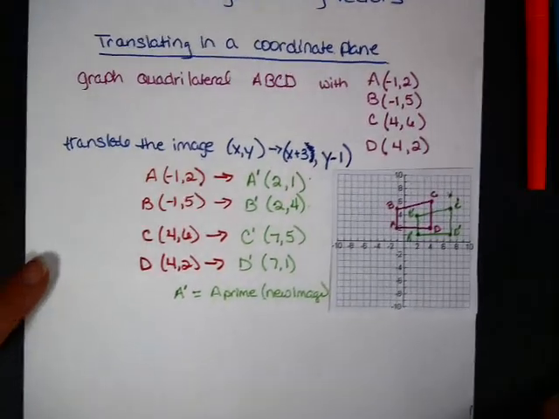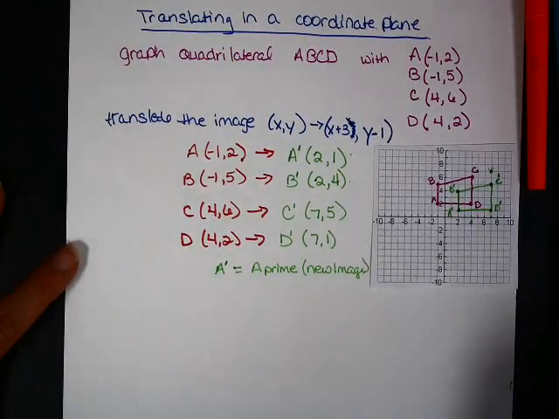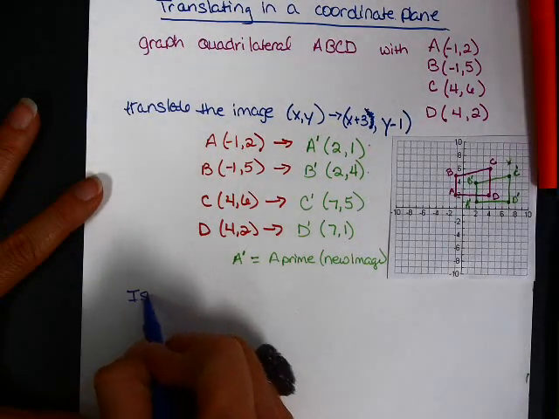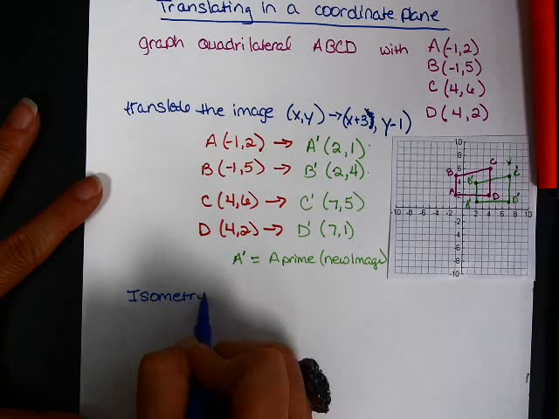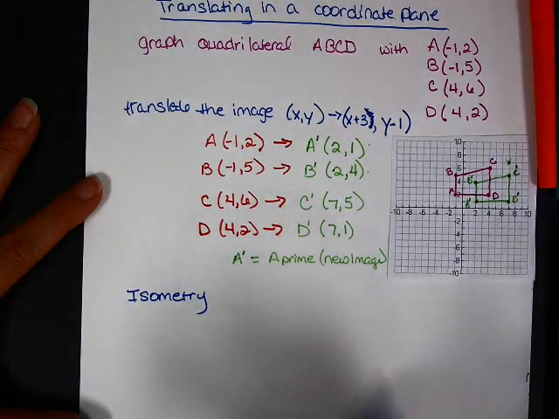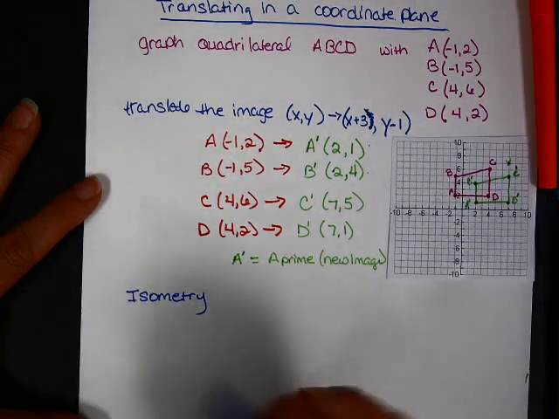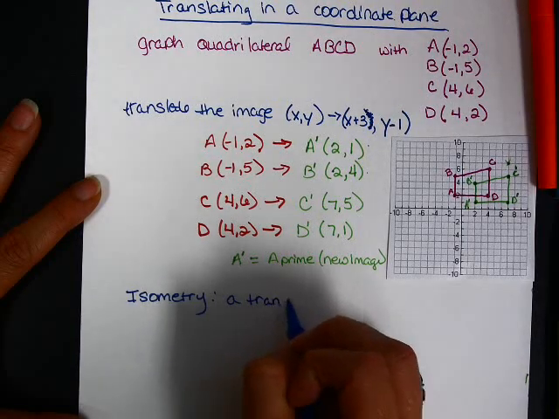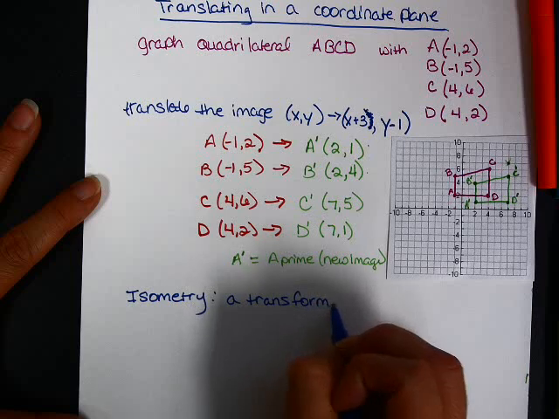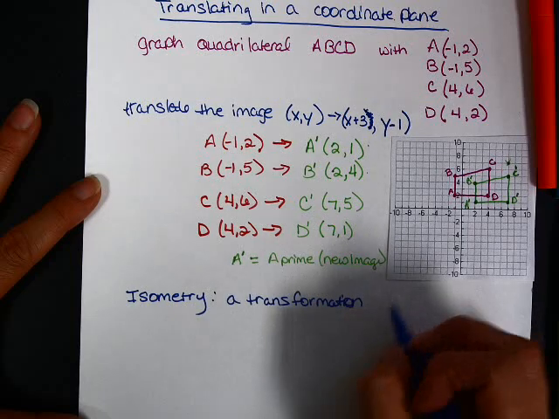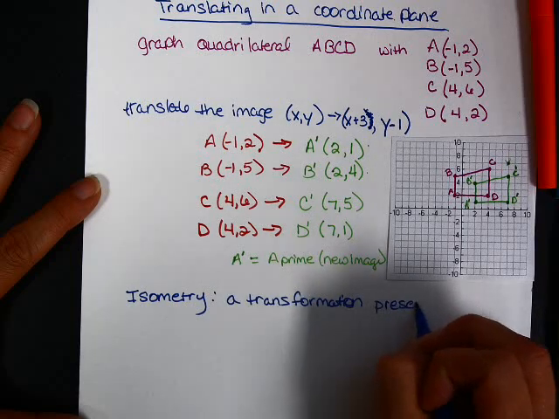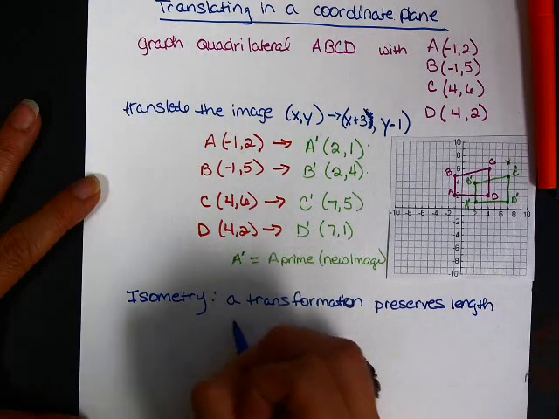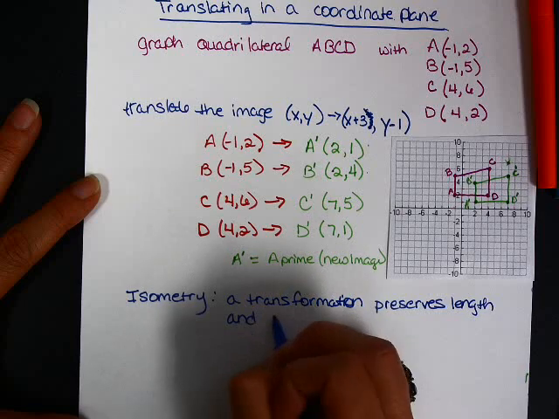All right, now to go on to a couple more words that you need to know, some definitions. If you ever see this word isometry, or you might hear it as an isometric translation, basically what that is, it's a transformation that preserves length and angle measure.